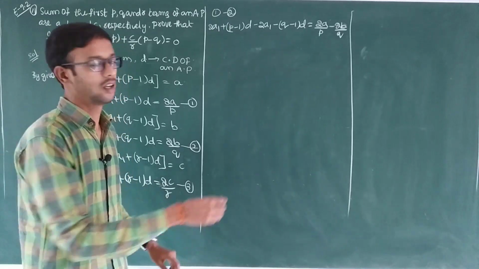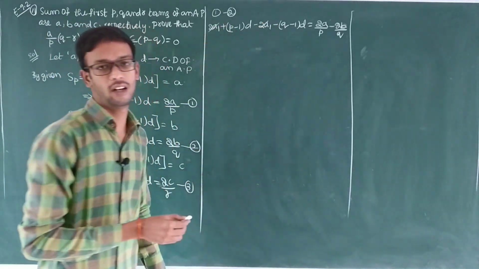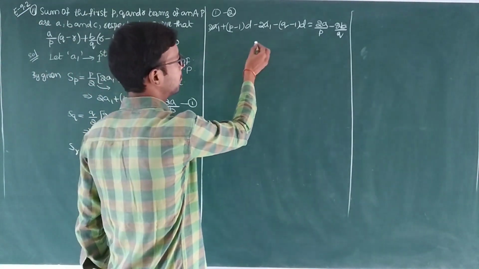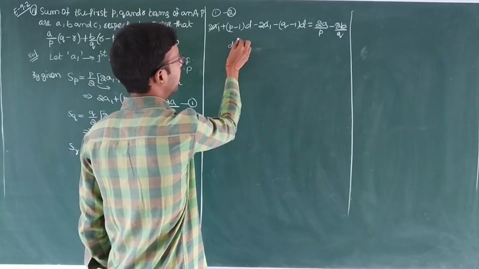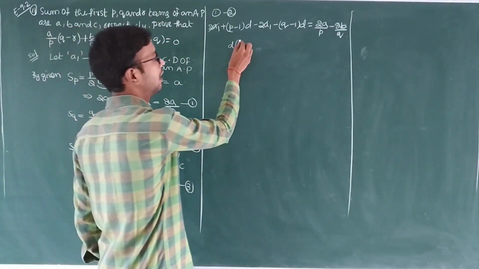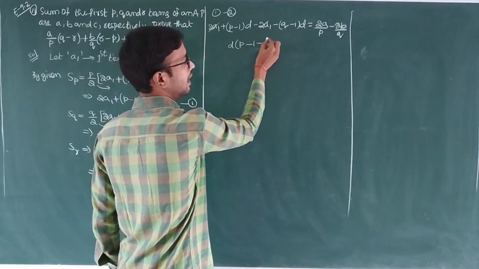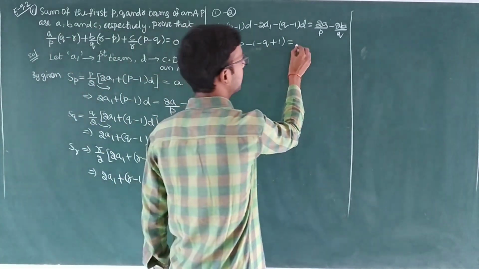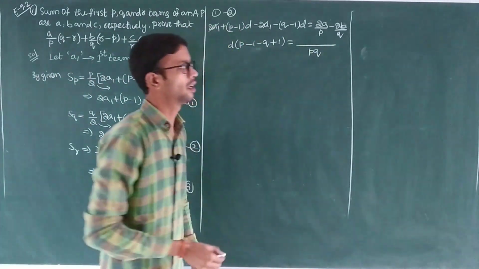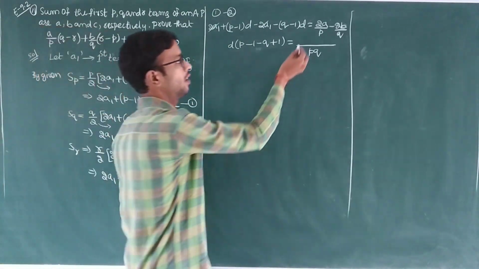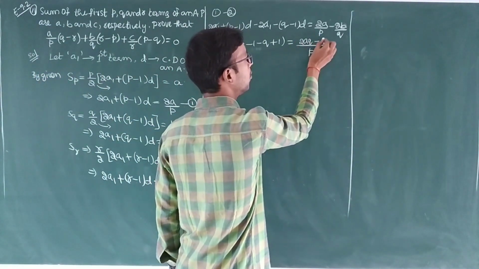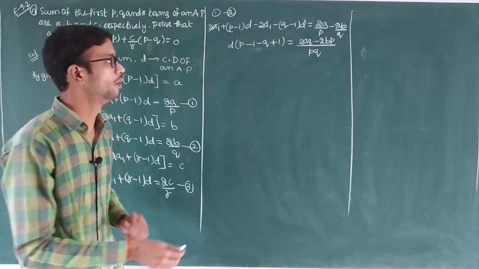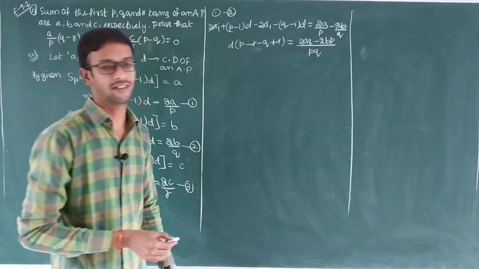Now you can observe 2a1 minus 2a1 both get cancelled. Now I'll take d common. Taking d common, we get P minus 1 minus Q plus 1 is equal to, taking the LCM here, PQ is the LCM, so we get 2AQ minus 2BP. Here plus 1 minus 1 get cancelled.